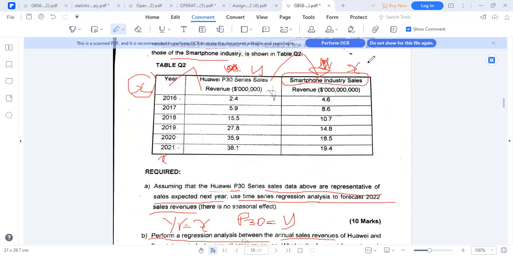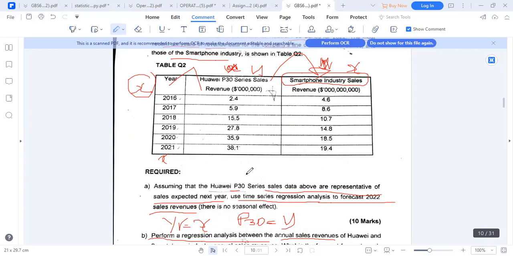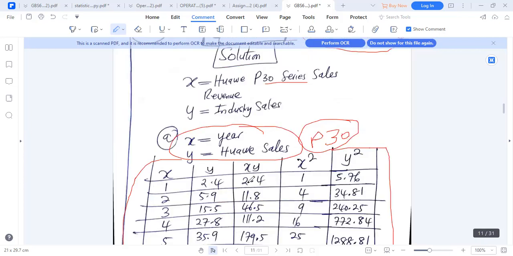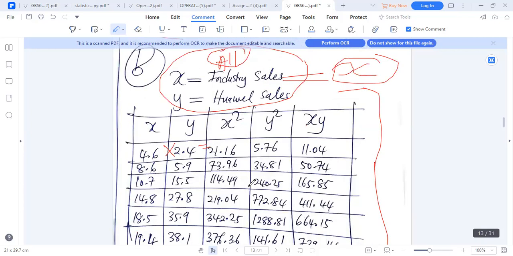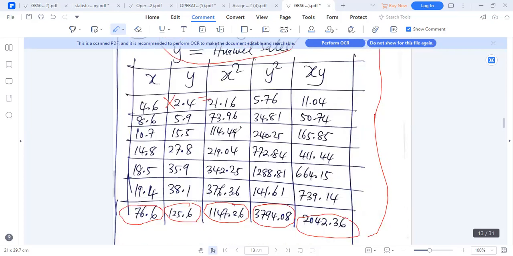So O industry will be X. The P30 series will come from the O industry, and it will be our Y. Then using the combination from the table, we are computing the O industry and the P30 series manually.